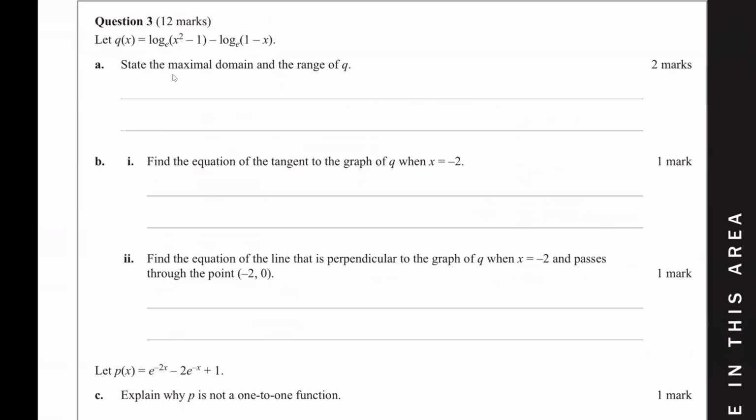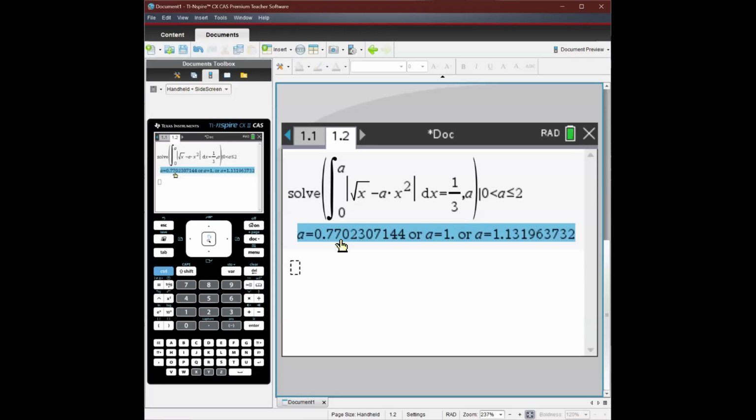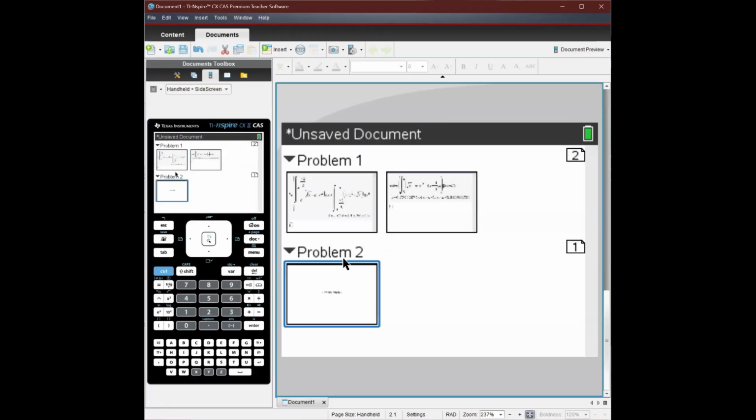All right, question 3: state the maximum domain and the range of Q, find the equation of the tangent, and find the equation of the line perpendicular to the graph of Q at x equals 2, passing through the point -2, 0. Okay, so I'm going to just apply my CAS calculator again. Insert a new problem.